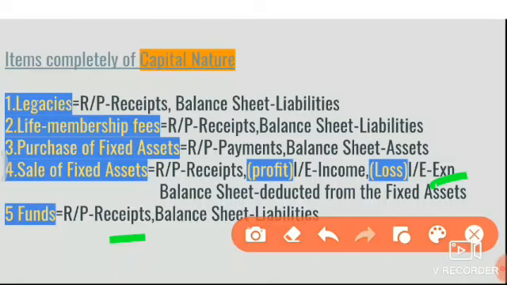In the balance sheet, funds are usually shown towards the liability side. Now for funds, I will explain this in detail later on. Just remember at present that when amounts are received during the year, it is shown towards the receive side, and funds are shown towards the liability side in the balance sheet because funds are of capital nature.